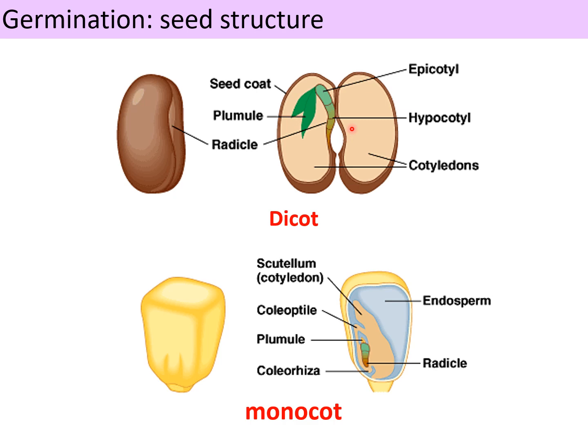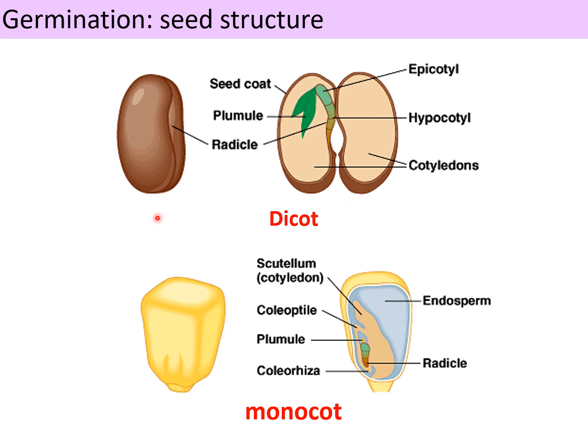The hypocotyl is the stem of the seedling that is between the radicle and the cotyledon. The epicotyl is the seedling stem that is between the plumule and the cotyledon. These are different regions of the embryo or the seedling stem.